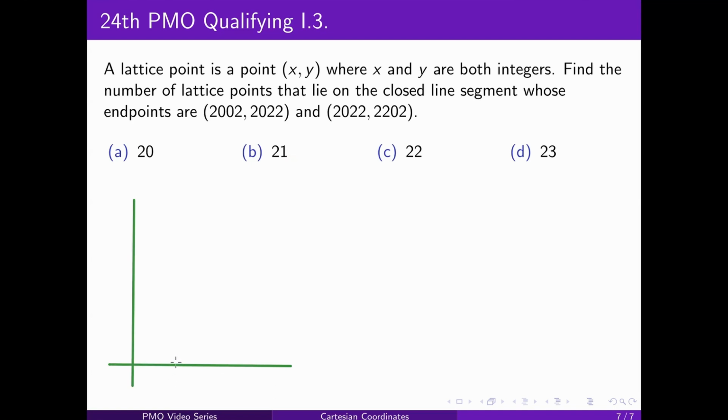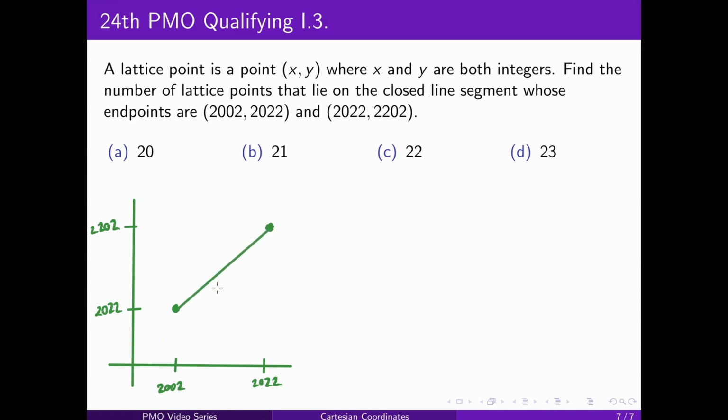So let's say you have, this is definitely not to scale, 2002, 2022, and 2022, 2202. So your first point is over here, and your second point is over here. There's not really much to see here. It's really just a line segment connecting 2 points.